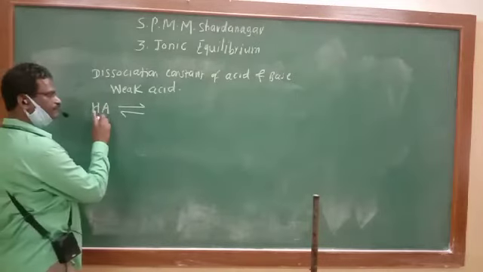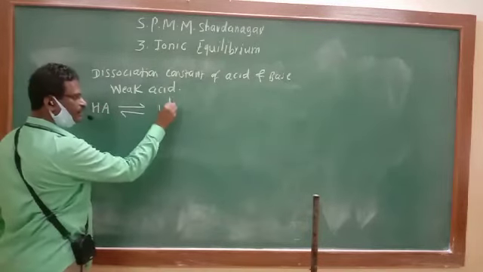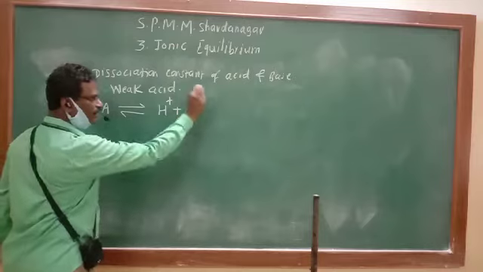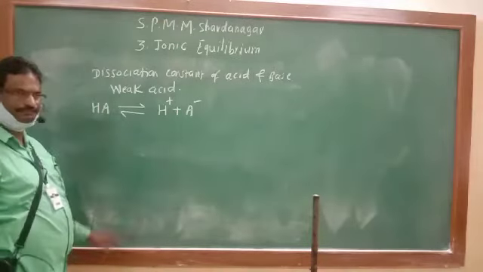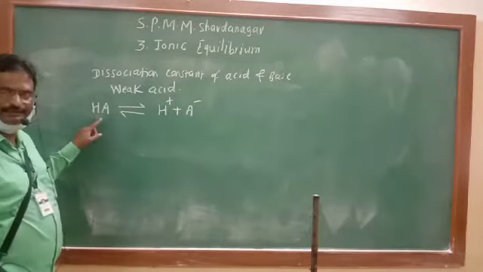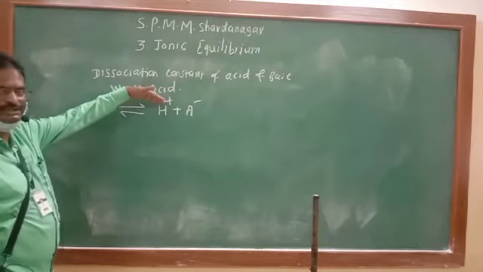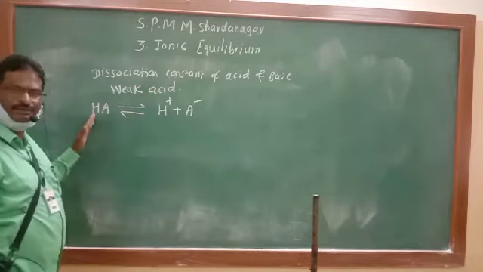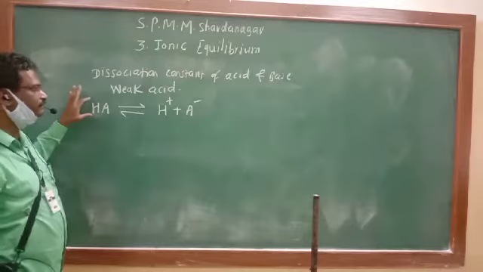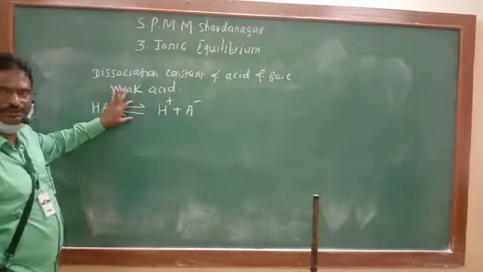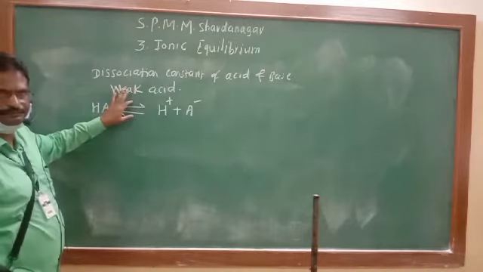It undergoes dissociation giving H plus and A minus ions. This is a weak acid, therefore forward reaction is possible, backward reaction is also possible, and it undergoes reversible dissociation in this manner.